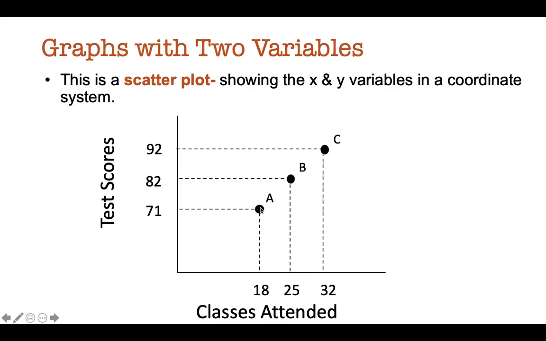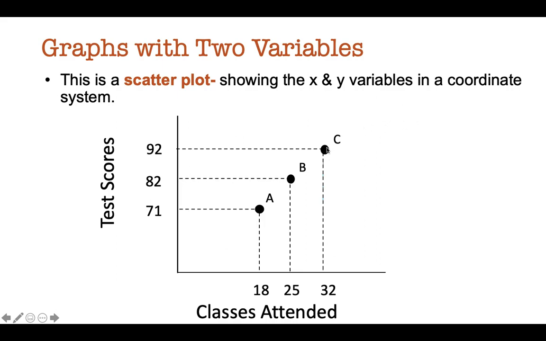So point A here represents a student who attended 18 classes and as a result got an average score of 71 on their tests. This represents another student who attended 25 classes and their test score was 82% on average.